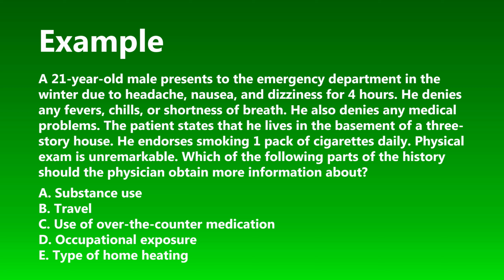For example, if we were concerned about an opioid overdose, it would say that he's breathing very shallowly and has pinpoint pupils or something like that. If we were concerned about an amphetamine overdose, it would say that he's really tachycardic or diaphoretic. But the physical exam is unremarkable, and we know that that can occur with carbon monoxide poisoning. So for that reason, substance use is not the correct answer, and the correct answer choice is E, type of home heating.